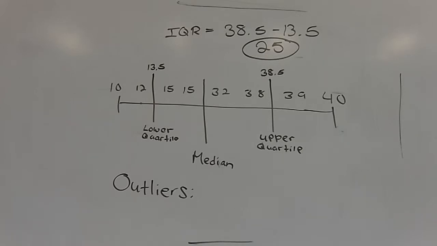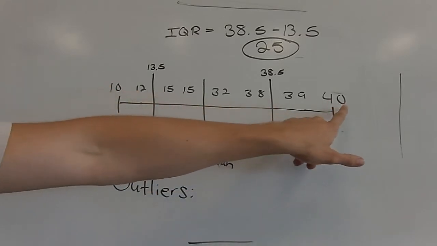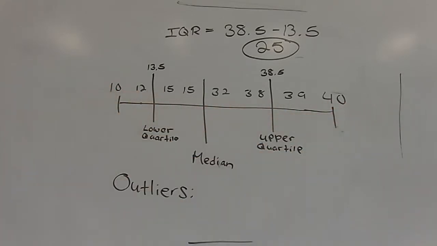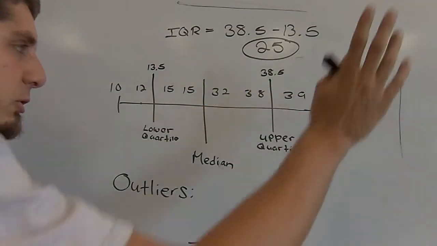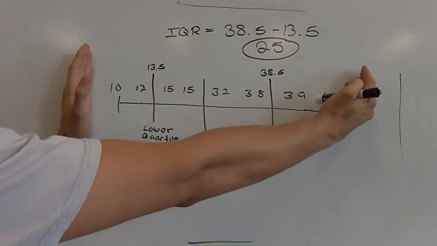For example, this set of data ranges from 10 to 40. Now, let's say for a moment that we had these numbers for our set of data, and then I had one number which was at 230. So I have one piece of data that's way out there at 230, but this is the rest of my data.